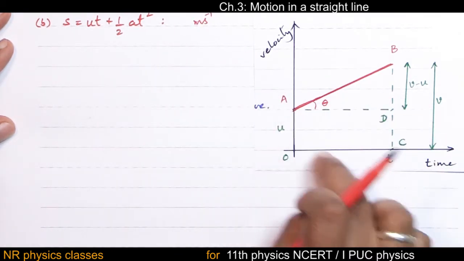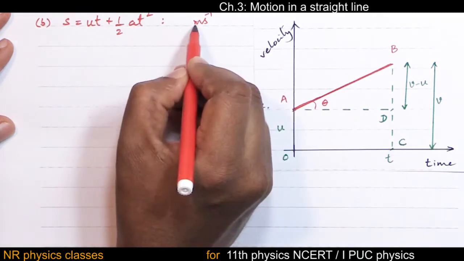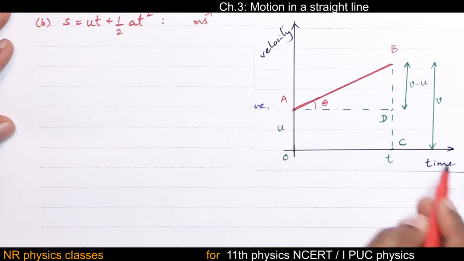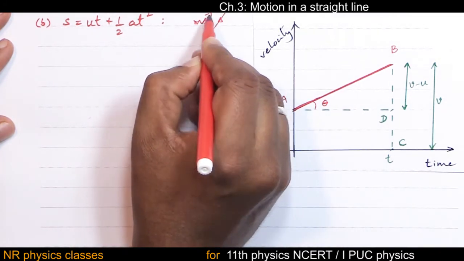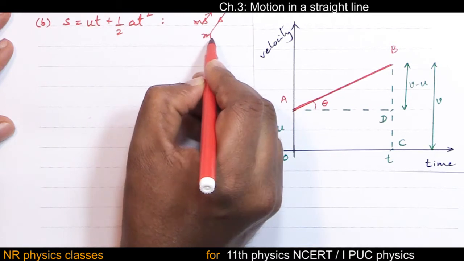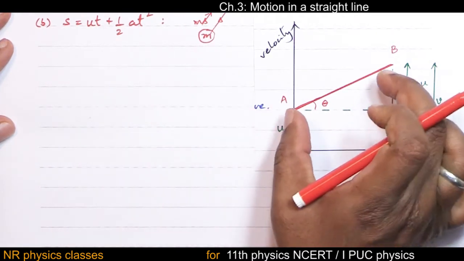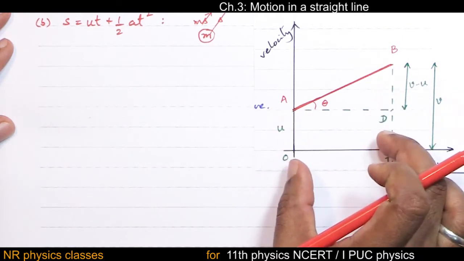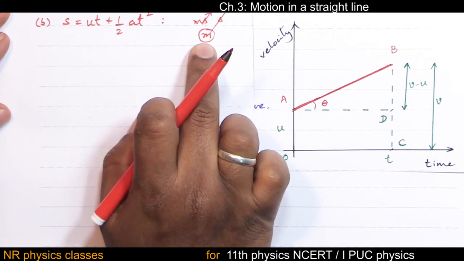Area means the product of unit of velocity and time. Unit of velocity is meter per second. Unit of time is second. So if you simplify, you'll get meter, which is the unit of displacement. Therefore, area under the velocity time curve gives displacement, and we are making use of this fact.